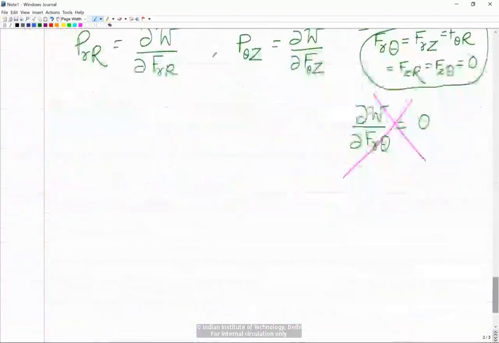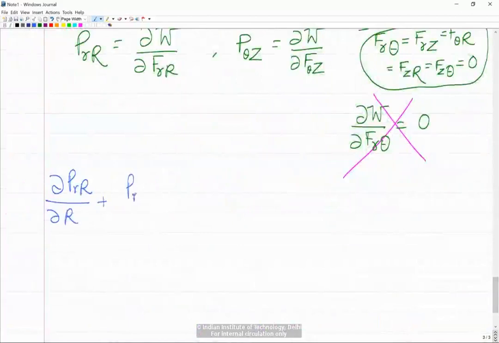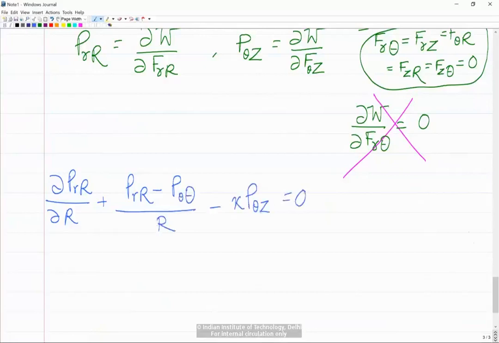So the radial equation, for example, reduces to del P small r big R by del R plus P small r big R minus P small theta big theta divided by big R minus kappa P small theta big Z, that's equal to 0.